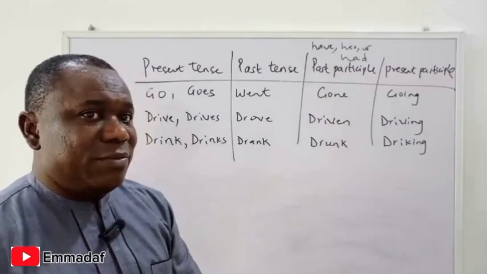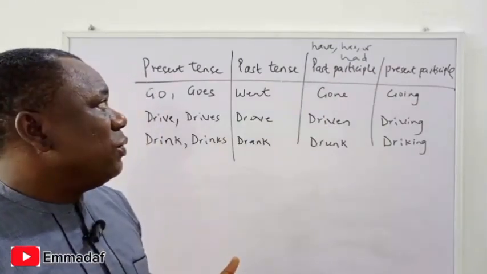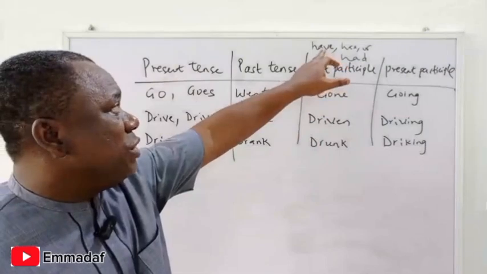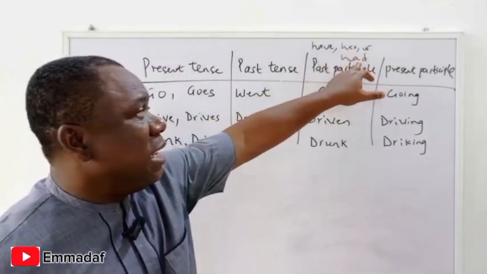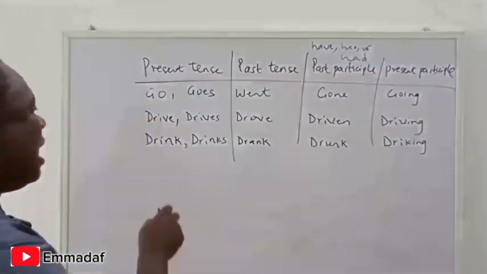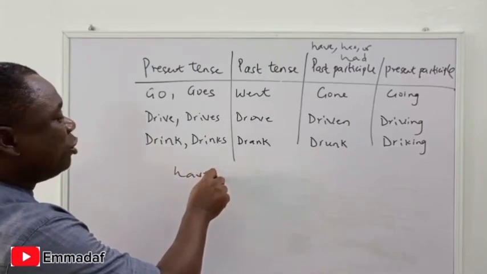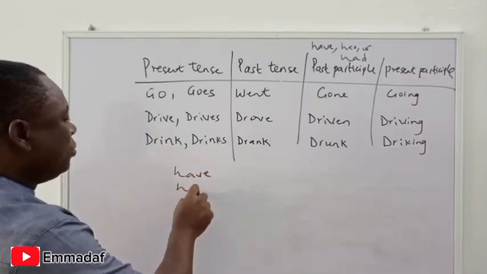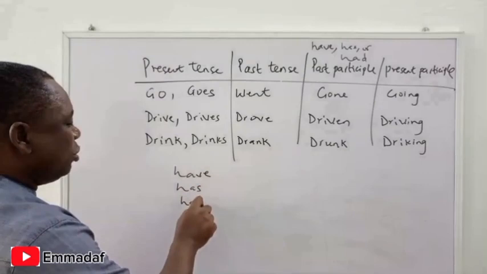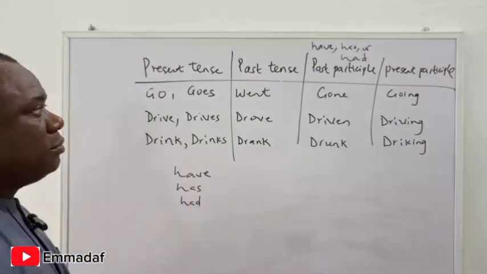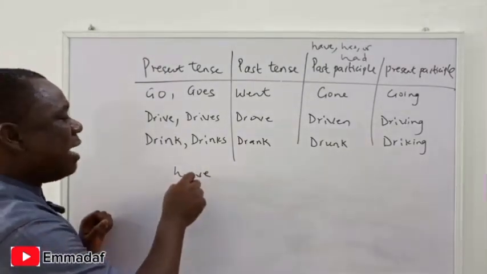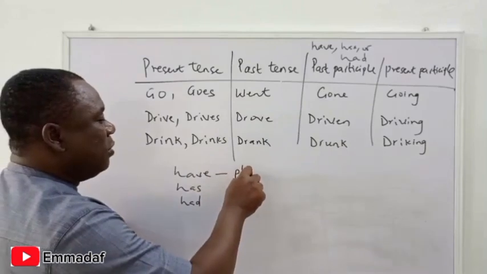Before we do this, let's try to know how to use this, and this. Have. When should we use have? When should we use has? And when should we use had? Now, have is plural.